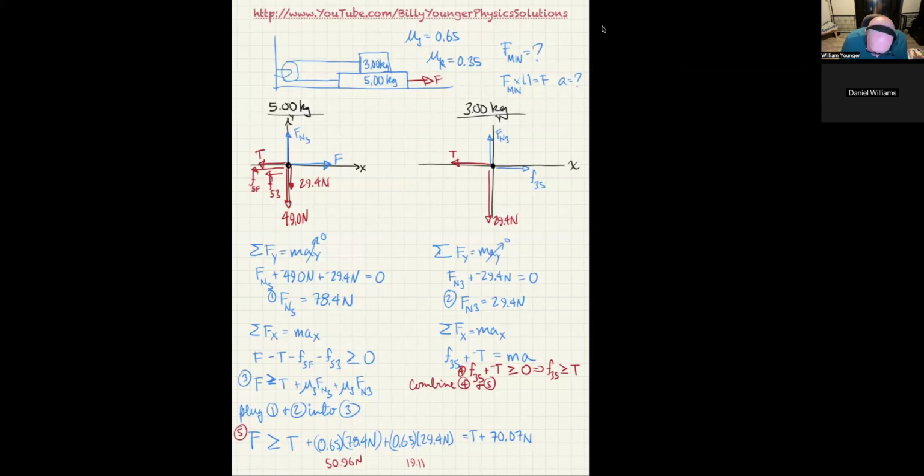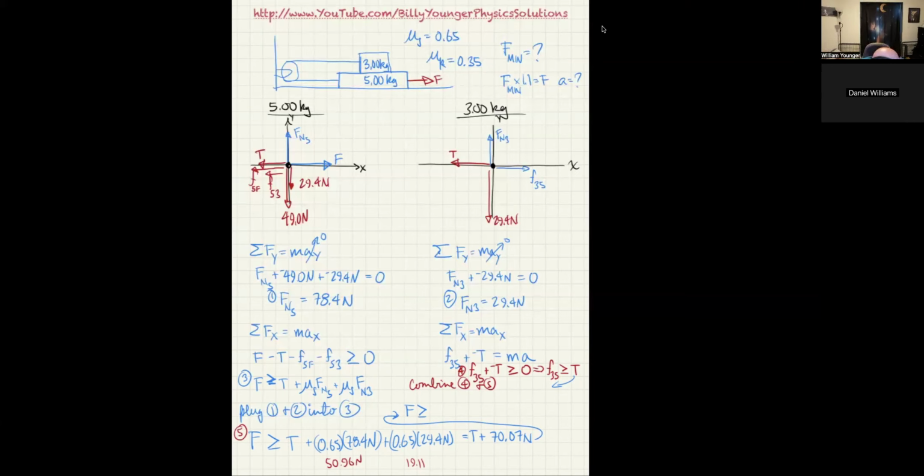So let's try this out. We'll see what happens. I'm going to now say that F, so combining this and this, I'm going to say that F should be greater than or equal to the F35 we found, which was the friction on 3 due to 5, and that was mu static times the 29.4.